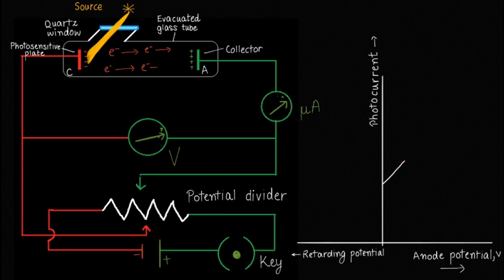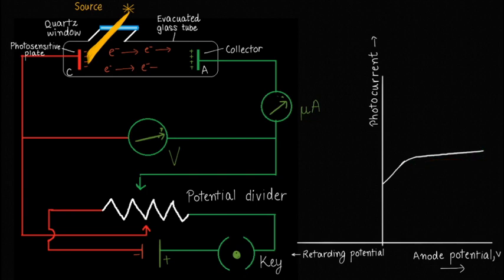At this value, if I increase the potential further, my current does not increase, rather it becomes constant. So you'll see a constant straight line.